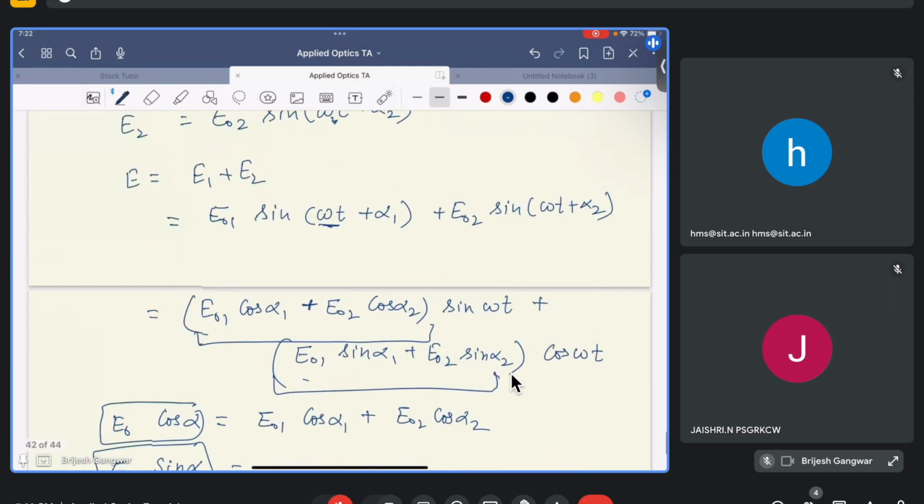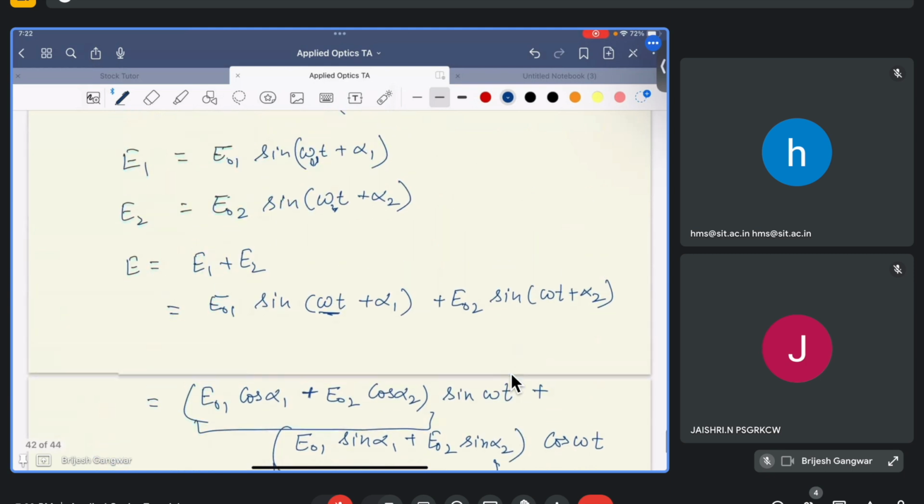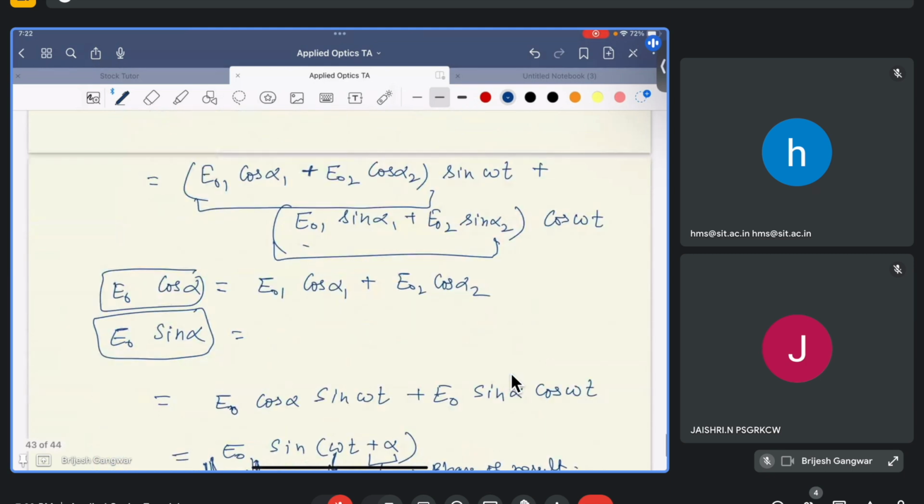Similarly you can consider two or three waves and just sum algebraically, and there will be a cos series and a sine series and the resultant of the cos series. All this mathematics will come into the phase, and then you can use the complex phasor method to add all these waves. Okay, so that is a brief of this.